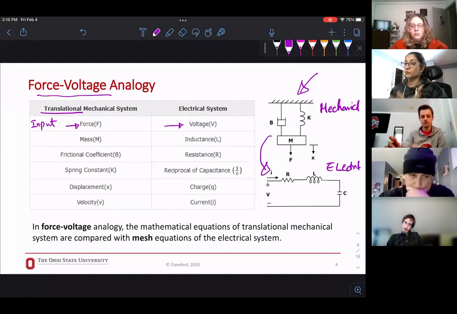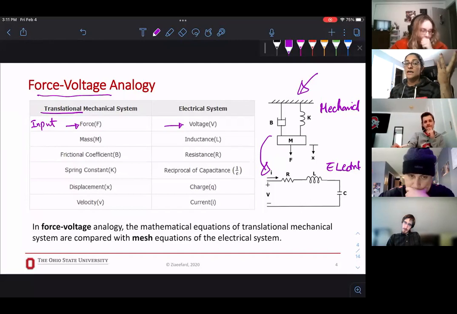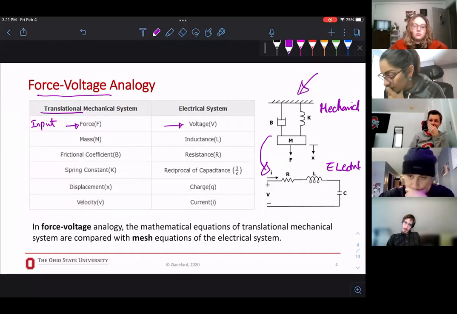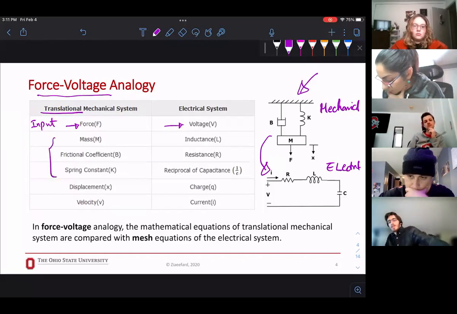Sometimes you have a battery as a voltage source. So if you have a translational mechanical system and you want to use the force voltage analogy, your input force is equal to a voltage source. Then these are your components, right?